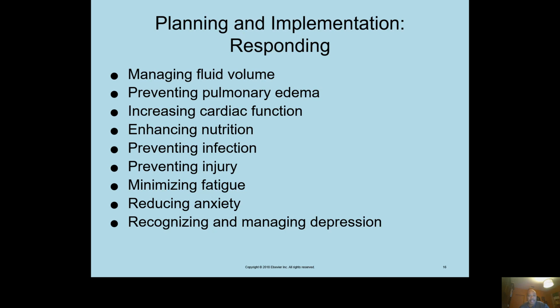Now, there are some expected outcomes that we are looking for in these patients. We want them to have a normal blood pressure. We also want them to have a normal CVP or central venous pressure. And remember, this is the CVP line, and the range is 2 to 6.